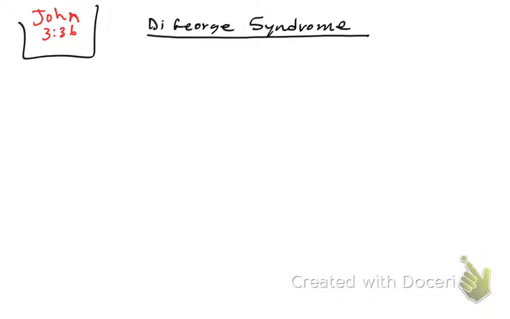Well, DiGeorge syndrome, we can mention that it is a genetic disease. It is going to have a microdeletion in a certain chromosome. Which one do you think is going to be the chromosome?